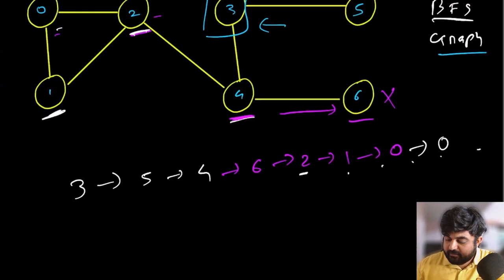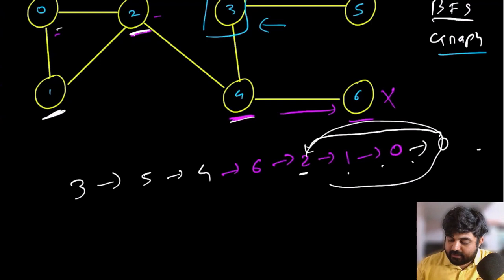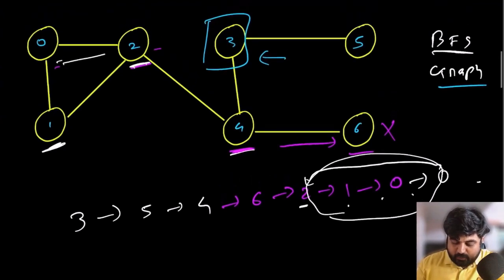So again, from 0, rather than creating a new loop to 1, we can create a new loop to 2 over here, which means we are running in circles because there exists a loop in this case. And remember, trees cannot have loops, but graphs can have loops, and that causes a big problem here.